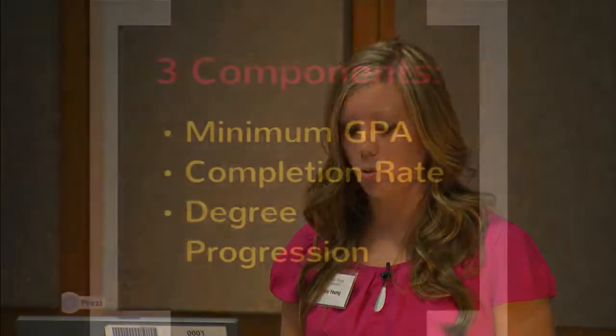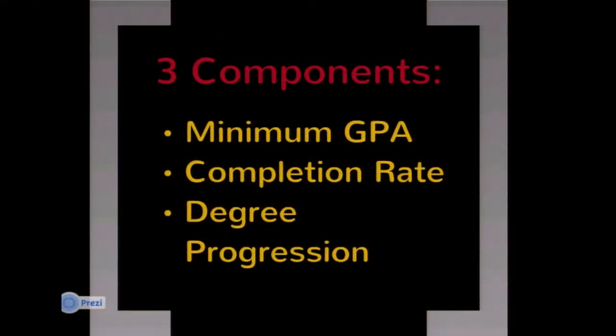So I'll explain the appeal form in just a little bit here, but completion rate, students need to complete with a passing grade a minimum of 67% of their courses. And so completing a course means that they received a D- or higher in that course, or a CR credit for that course.